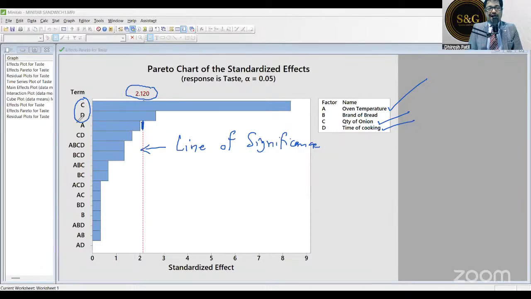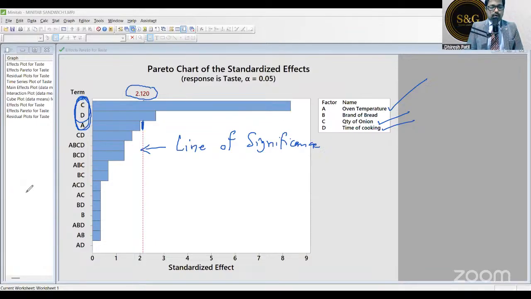So I can consider these three factors which are impacting the most. Actually C and D only, but let's say I give the benefit of doubt to factor A as well. So A, C and D are the three critical factors for me.